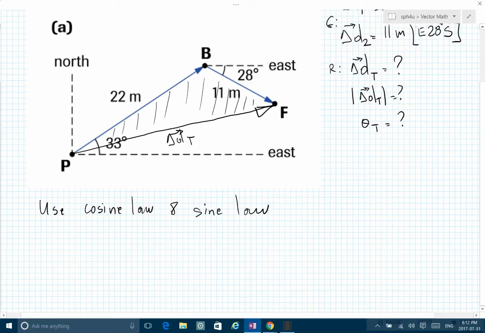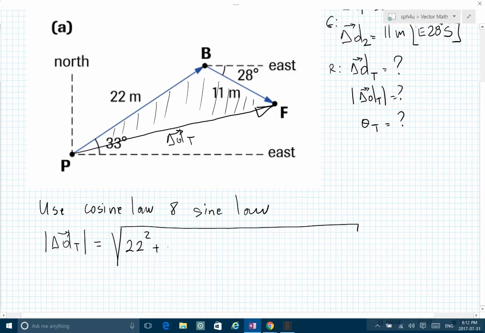We use cosine law to first find the magnitude of delta dt, which is the square root of the other two sides squared added, minus twice the product of the two sides and the cosine of the angle between them, which is 119 degrees. Let me show you how I got the 119.